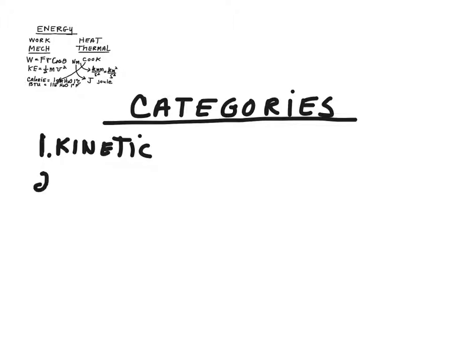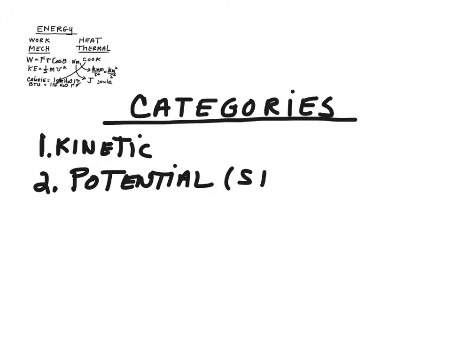The second category is a very broad category called potential energy, and it's energy in a stored form. And there are many, many types of potential energy. We'll list those in a minute, but I want to first mention the last or third category, and that's radiation.